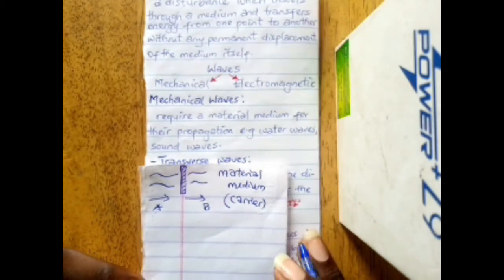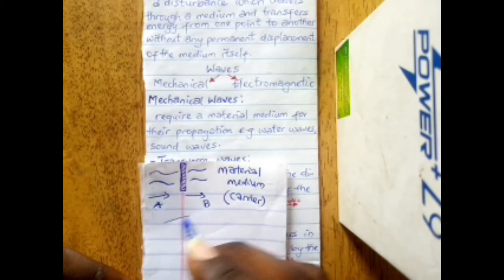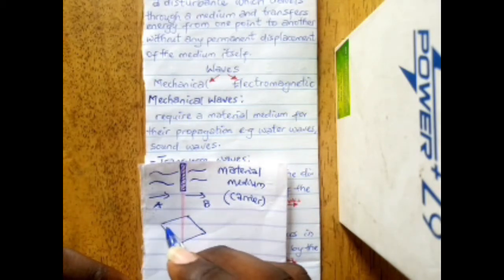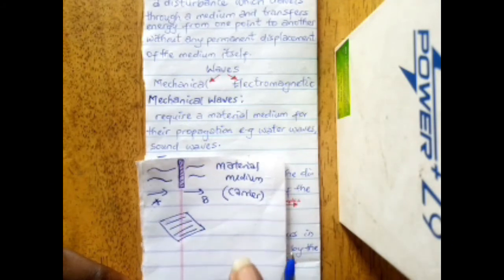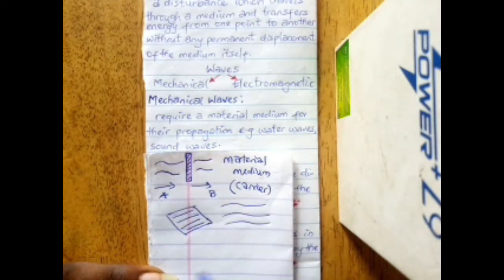Examples of these waves are water waves, demonstrated by the simple ripple tank experiment, in which you set up an apparatus to study the movement of water waves. In the flow of water, you have a particular pattern or direction in which the water particles move; they flow in the direction of the wave.